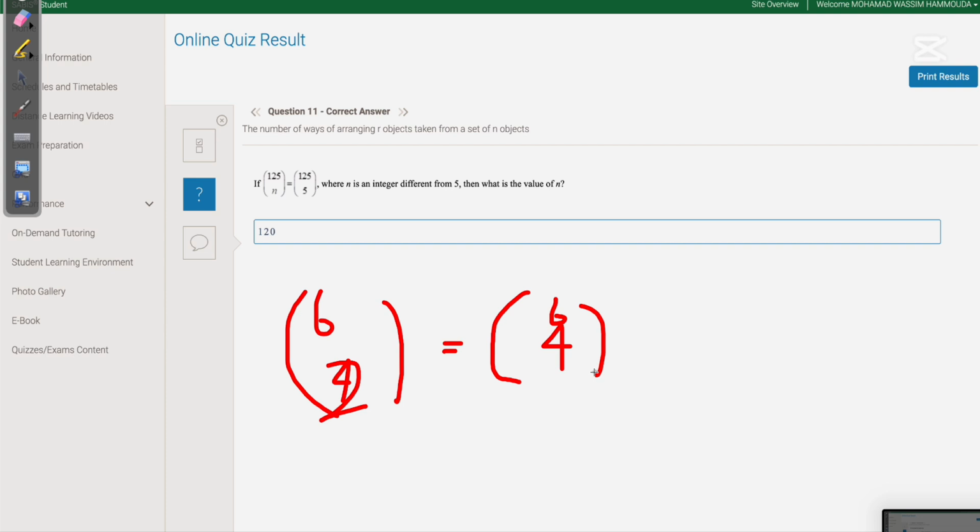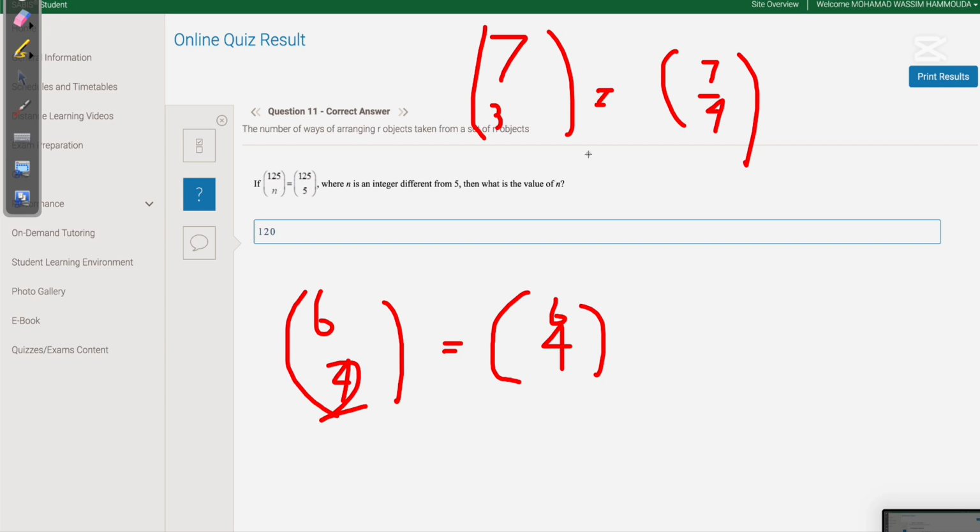If you didn't notice the pattern, let's take another example: 7c3 would be equal to 7c4. So the difference is n, which is 7, minus k, 3, or in this case 125 minus 5, which would be 120.